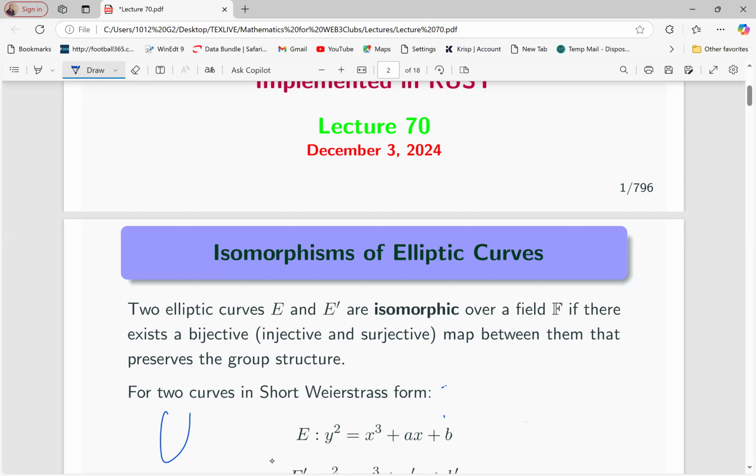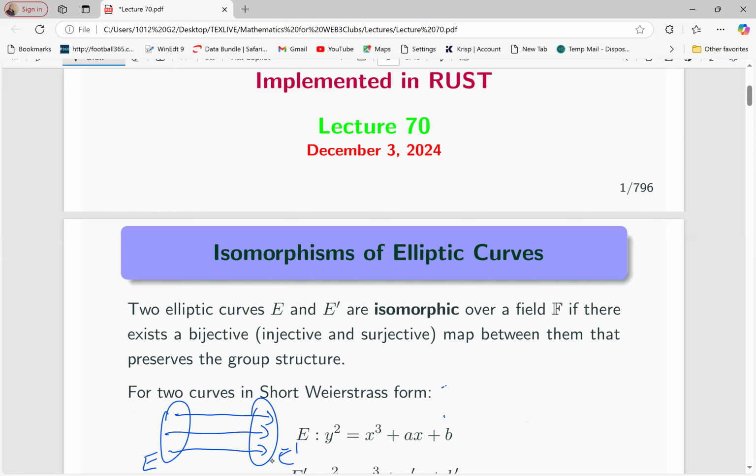If you have the elements of E and then the elements of E prime, every element here must have one image in this other elliptic curve, and then we say it's injective. Every element from this set must be mapped to this other set. Every element must be mapped, and then we say it's surjective.